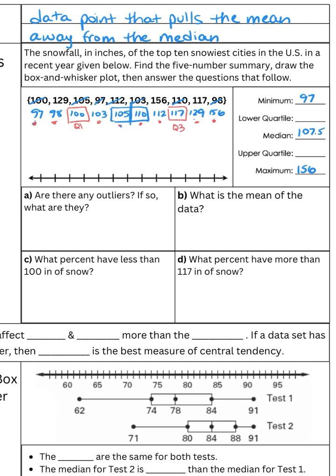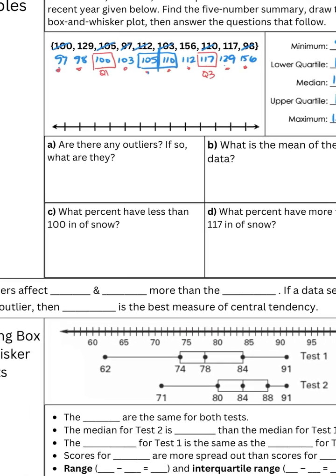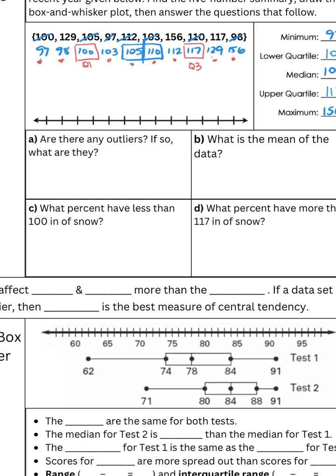So then we have to figure out what our graph is going to look like. When I do 156 minus 97, I got 59 divided by 12 is about 5. So we're going to count by 5: 95, 100, 105, 110, 115, 120, 125, 130, 135, 140, 145, 150, 155.